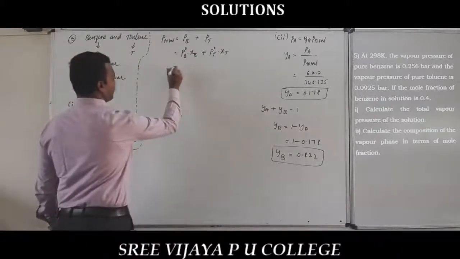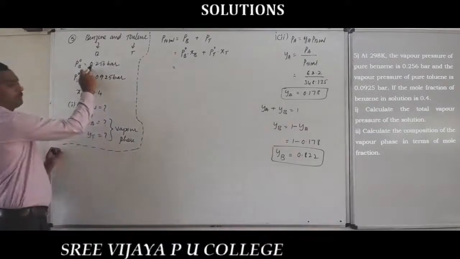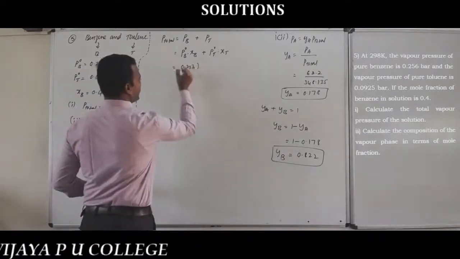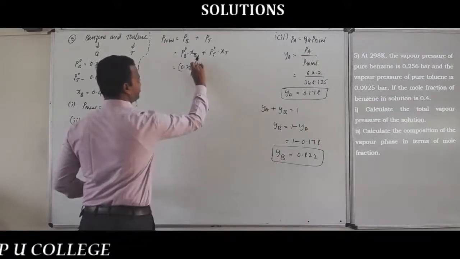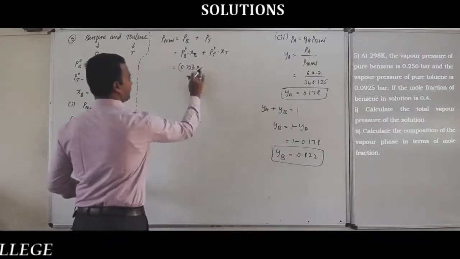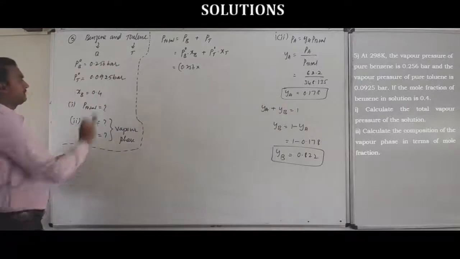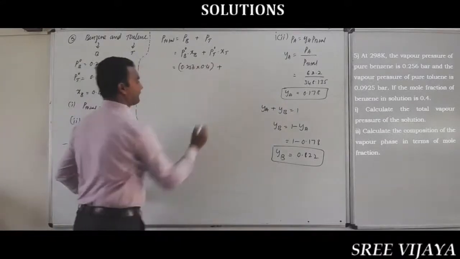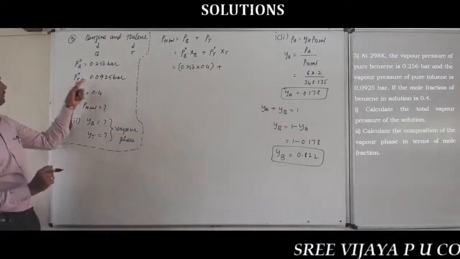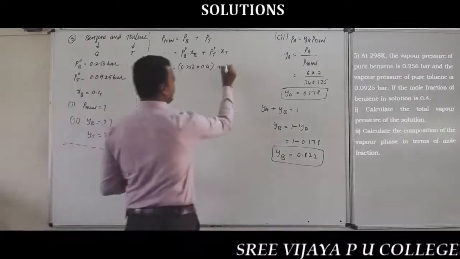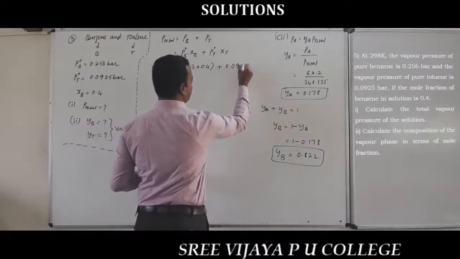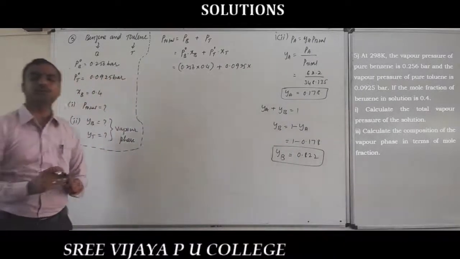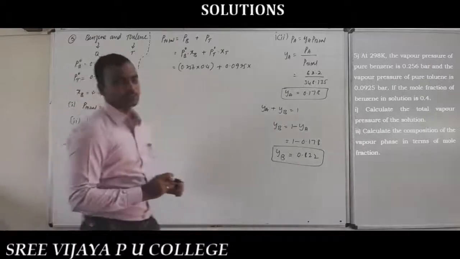So that is equal to P0B, the vapor pressure of pure component benzene, 0.256 bar into Xb, the mole fraction of component benzene, which is 0.4, plus P0T, pure component toluene, 0.0925 into the Xt value, that is the mole fraction of component toluene in solution phase.